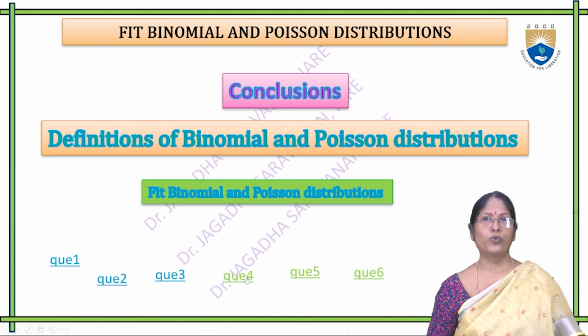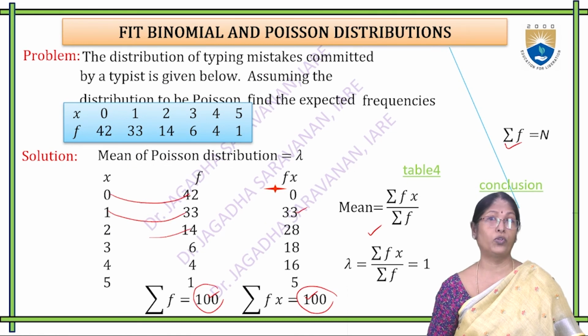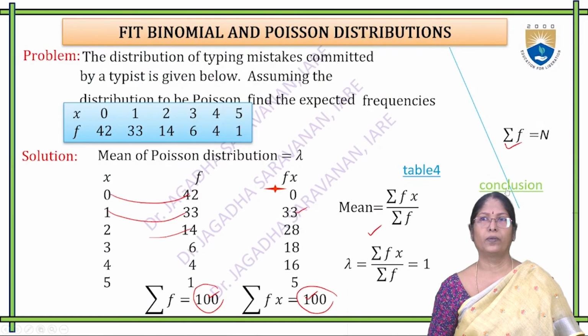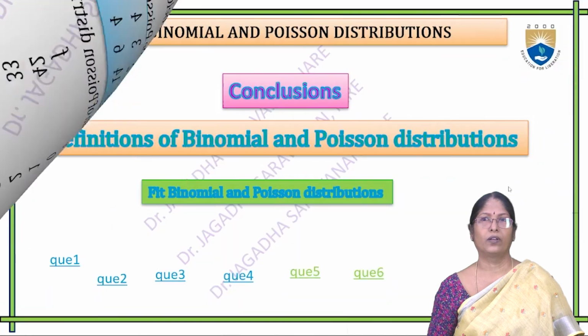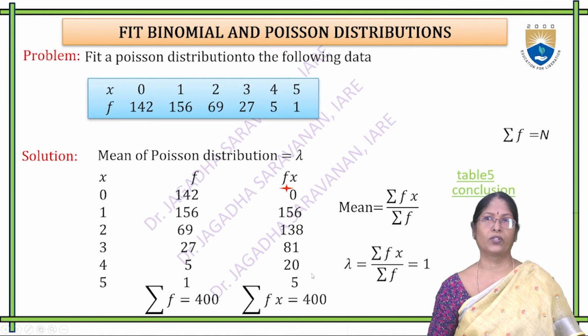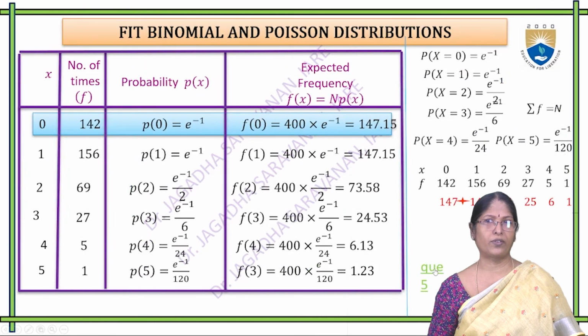Next, we moved to Poisson. For the Poisson, this is the table we constructed. Next, question 5. This is also Poisson, for which this is the table we constructed.